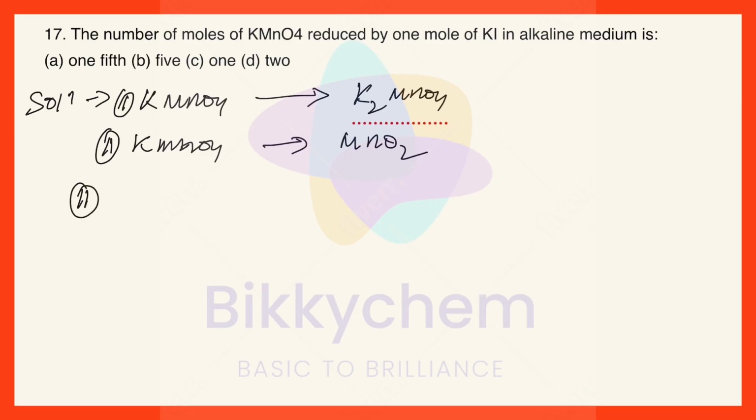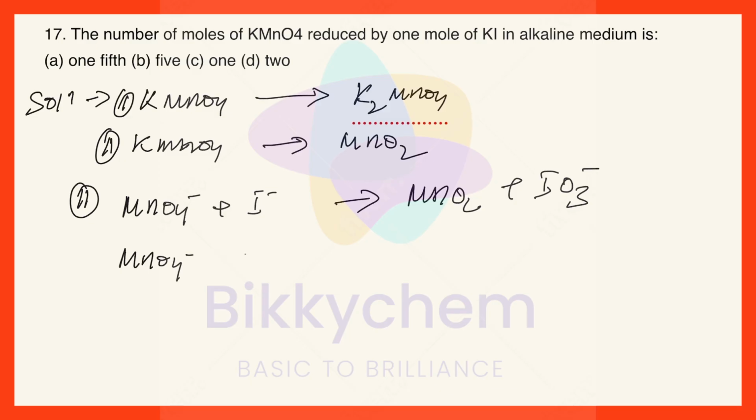In number 2, we will see that MnO4 minus reacted with the I minus to give MnO2 plus IO3 minus. So the half cell reaction will be: plus 7 going to plus 4, so a difference of 3 electrons.